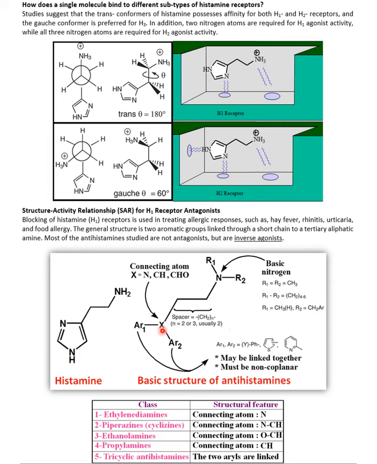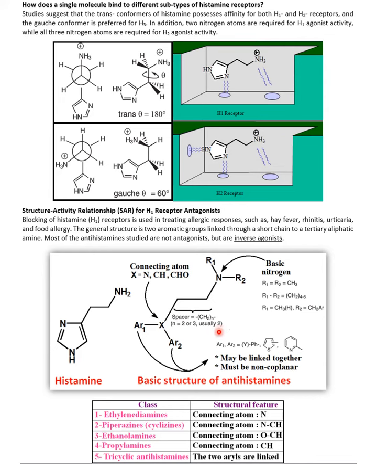Examples of the atoms that could connect these aromatic groups are nitrogen, CH, or CHO, and each one of these gives us classes or names. And then the X atom here is connected through a link, and this link is usually 2 to 3 atoms, with 2 as the preferred one for antihistaminic activity.